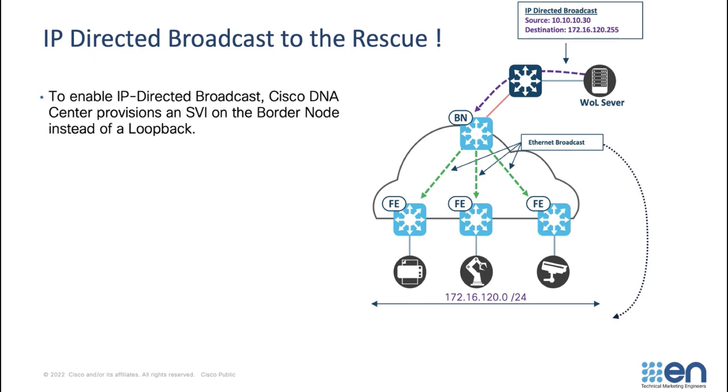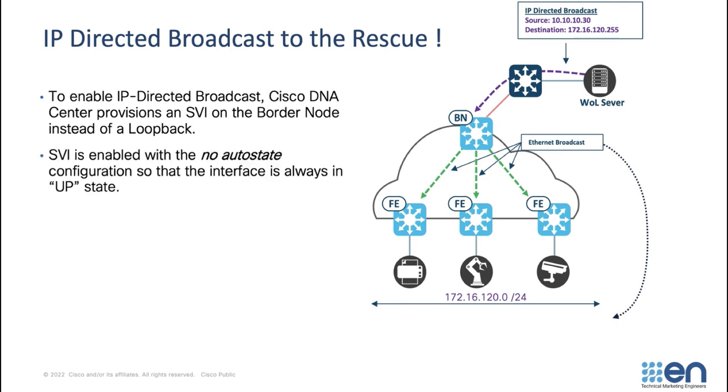As part of DHCP operations, there is a loopback on the border for each IP subnet's Anycast gateway present in the fabric site. DNA Center replaces this loopback with an SVI which supports both DHCP and IP-directed broadcast capabilities. The two key pieces of configuration on this SVI are the no autostate and ip directed-broadcast commands.